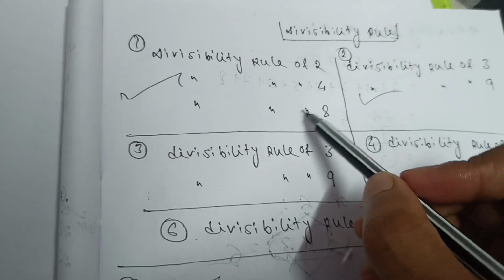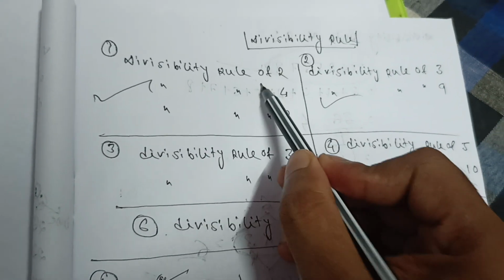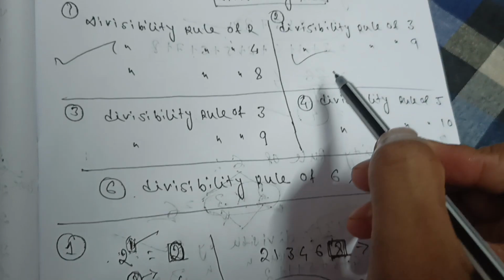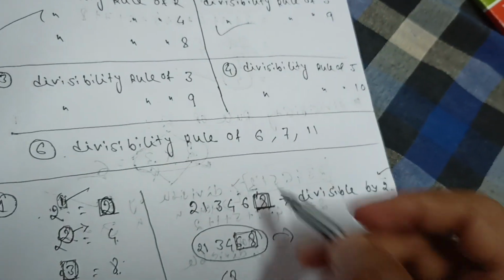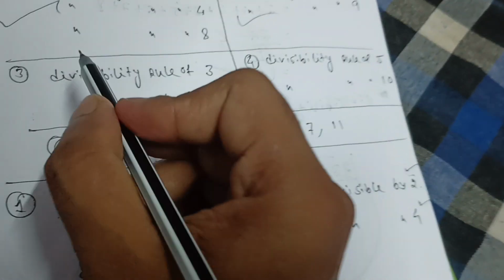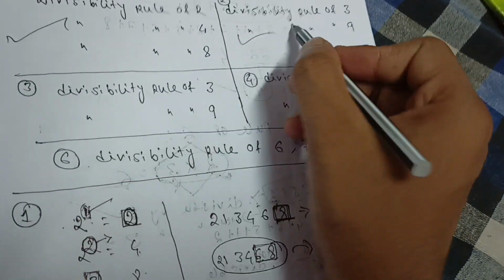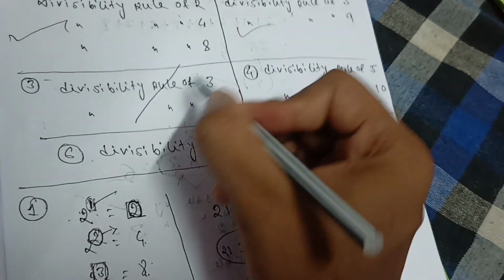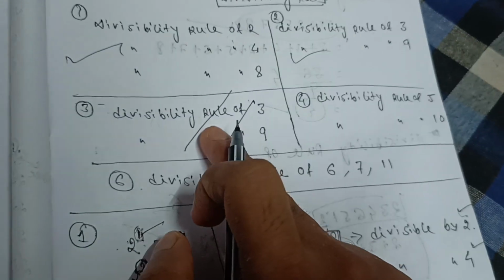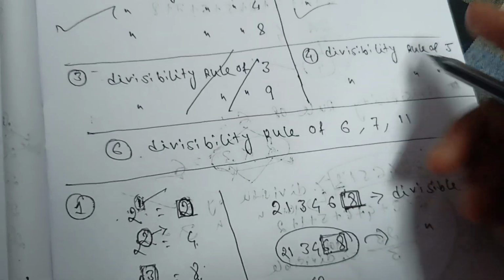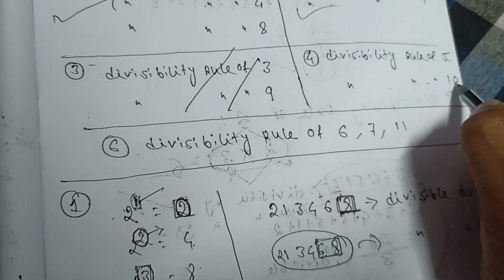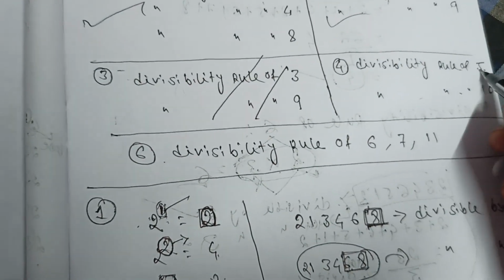So what we have done here is the divisibility rule of 2, 4, 8, 3, and 9. Divisibility rules of 5 and 10 we already know; they are very easy.